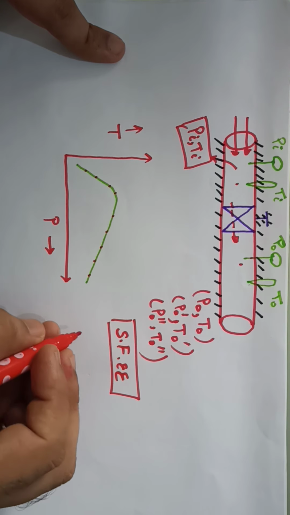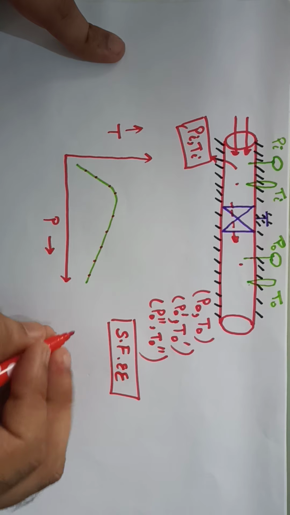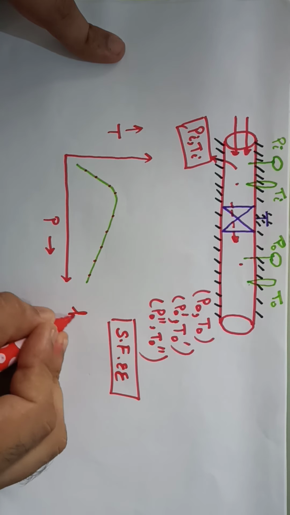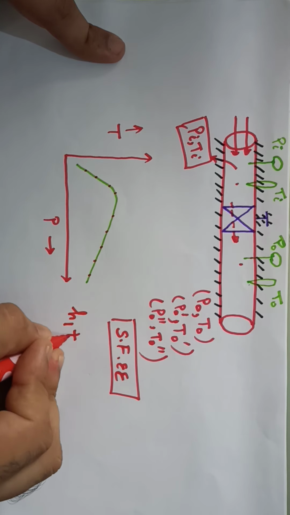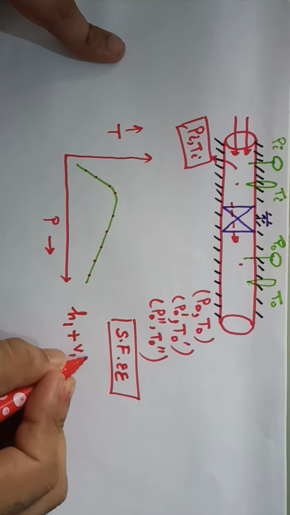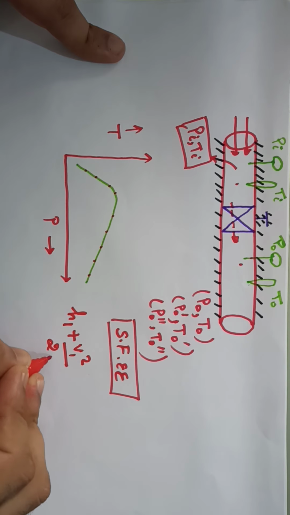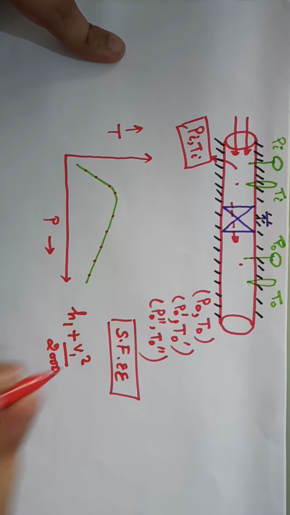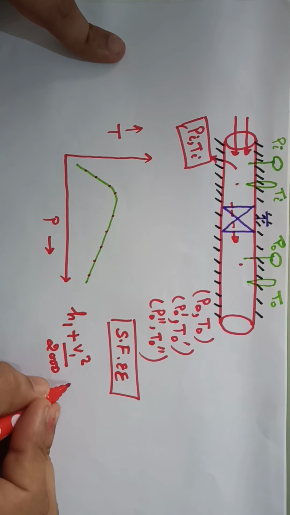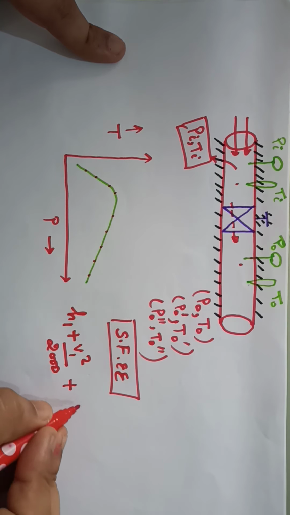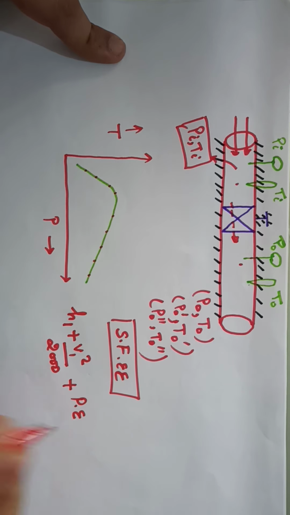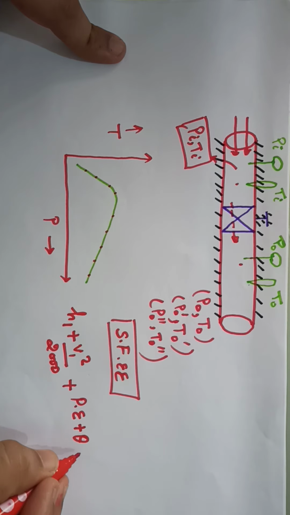So using the steady flow energy equation, we know that the inlet enthalpy H1, plus inlet kinetic energy divided by 2000, this is just to make it in kilojoules, plus potential energy, I'm just writing it as PE, plus all the heat losses or heat gain, will be equal to the outlet enthalpy.